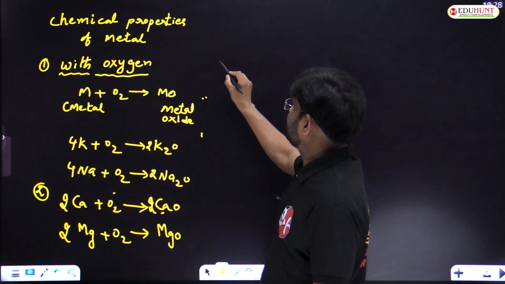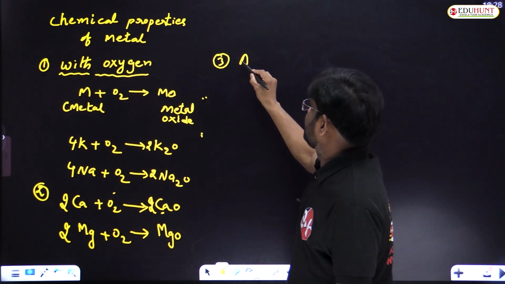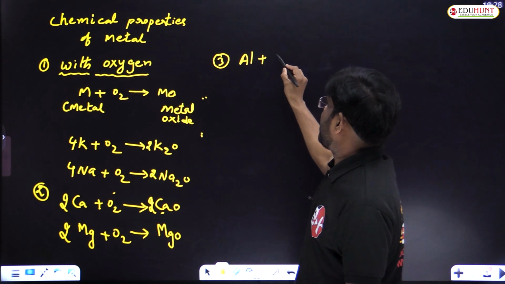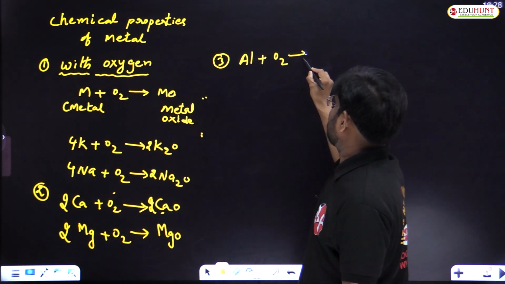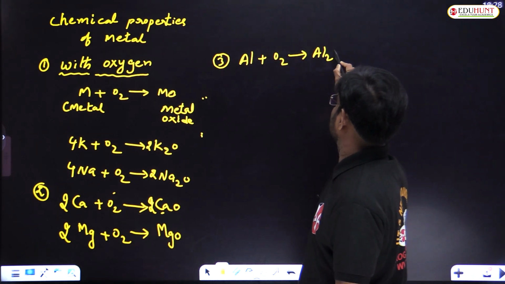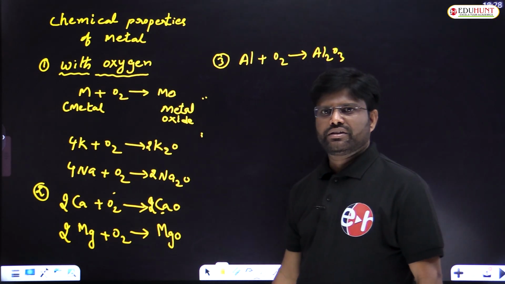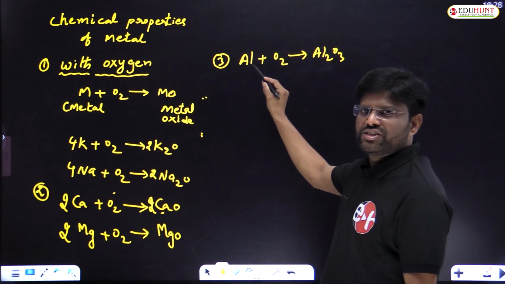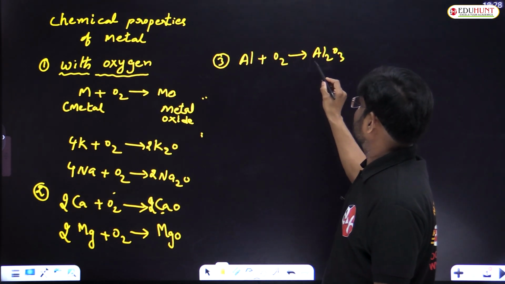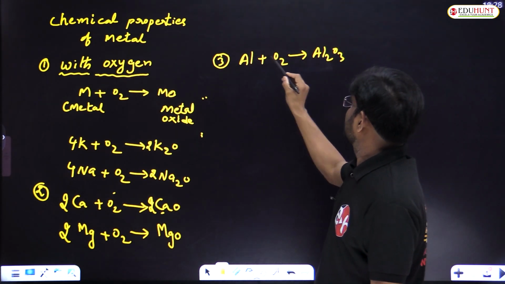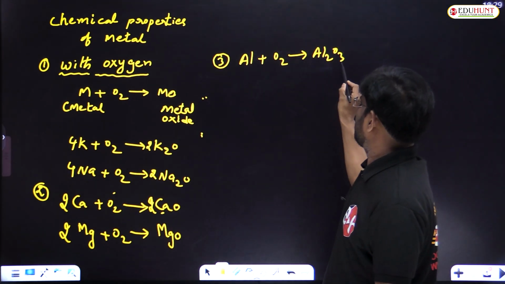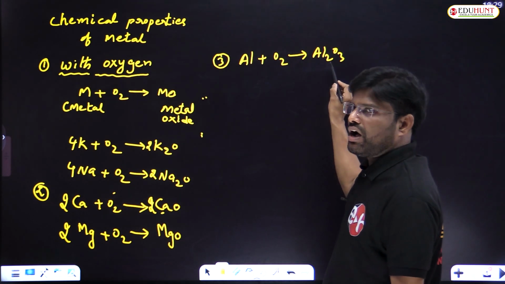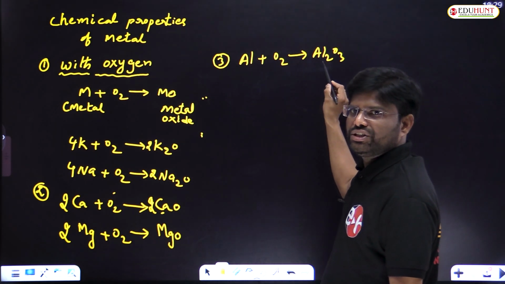Next one, the third one, aluminium. Aluminium reacts with oxygen to form aluminium oxide, Al2O3. To balance this reaction: here aluminium is 2, here only 1. Also oxygens are 2 here and 3 there. Odd numbers are there, so you should convert them into even numbers.